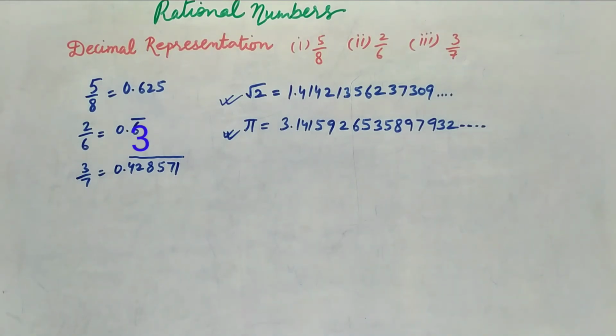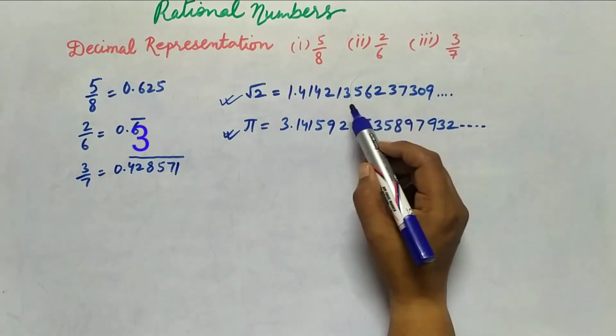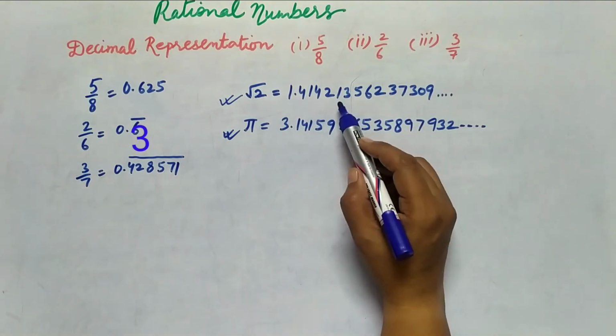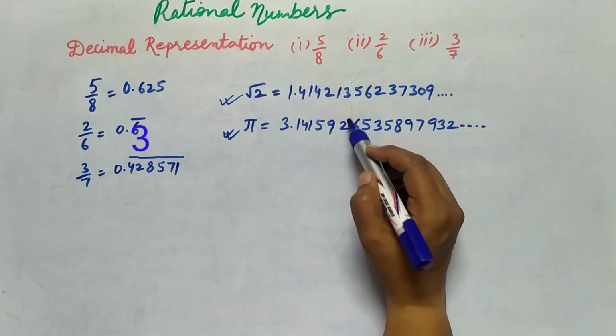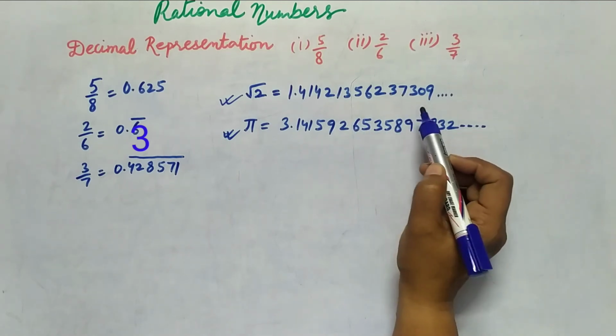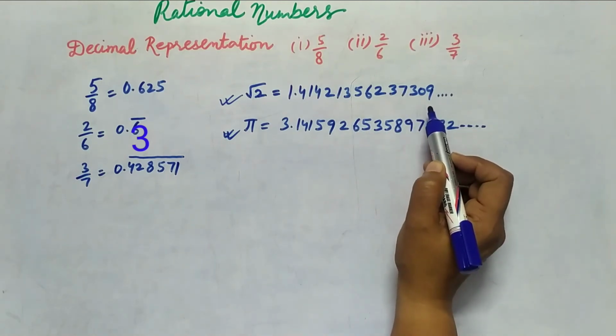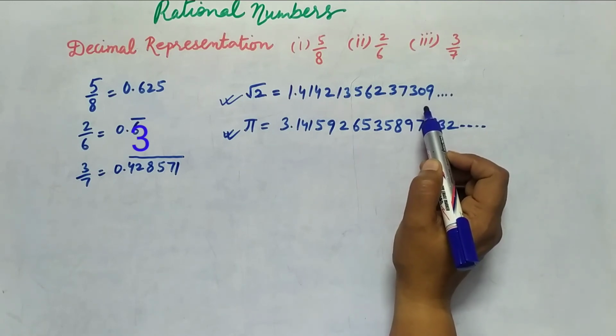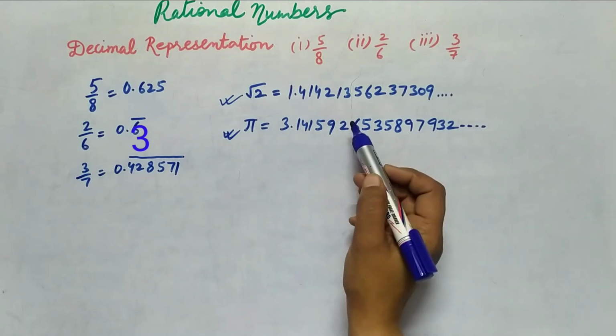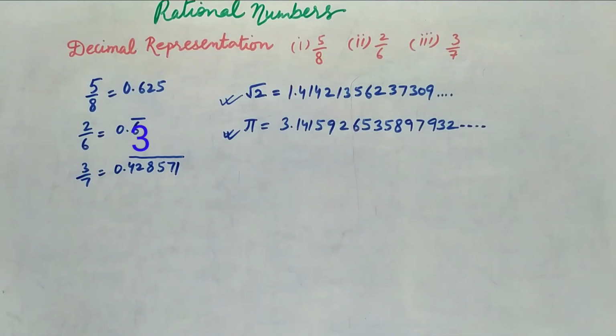The repetition of digits is not possible here. When we did the decimal representation of these two numbers, the digits are not repeated, not recurring. It means we are not getting something periodic, something repeated.